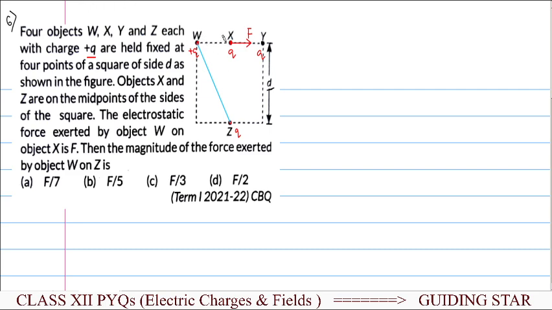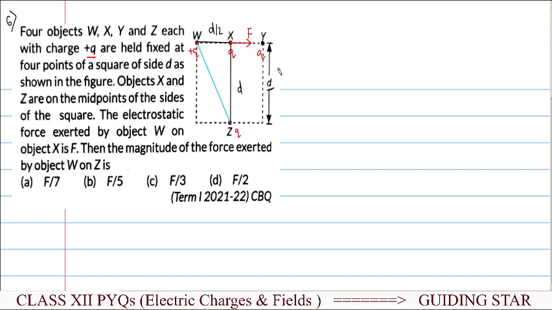First of all, we know that this particular side is D, and this particular side will be D by 2. Clear? So if this is D by 2 and this is D, then it forms a right angle triangle.